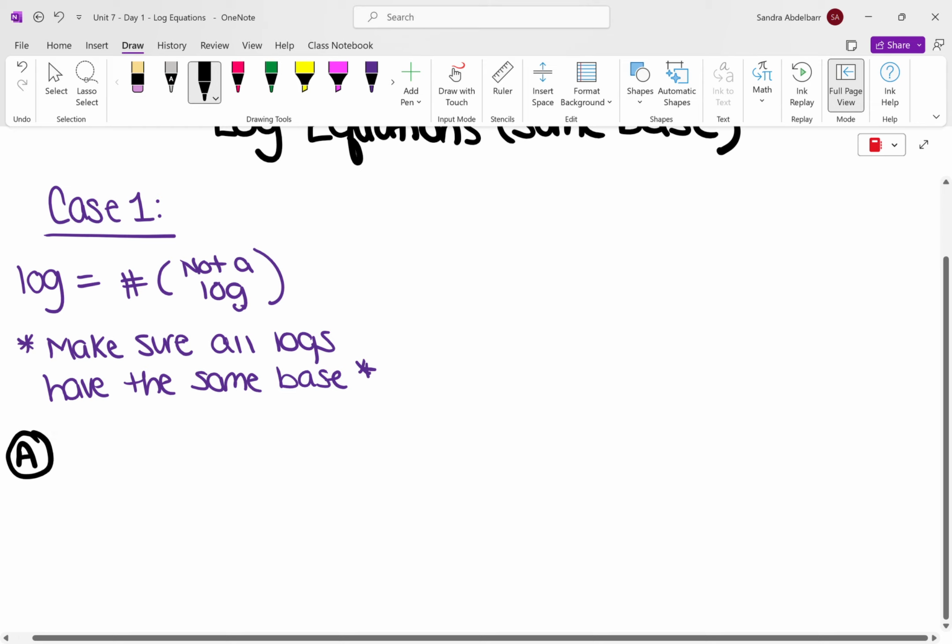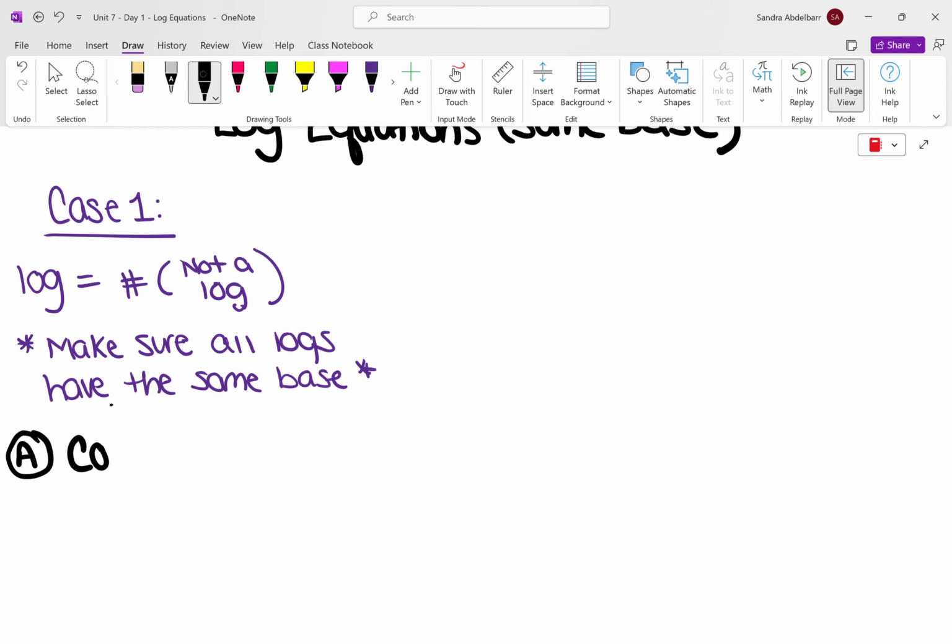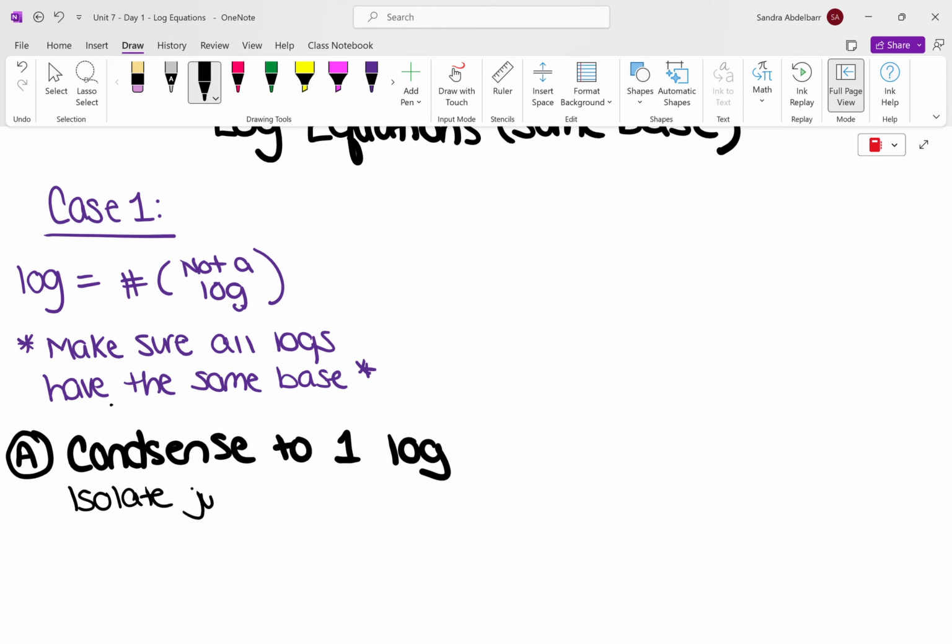Then once you make sure that all the logs have the same base, what we want to do is condense to one log. We want to isolate just the log with its argument.